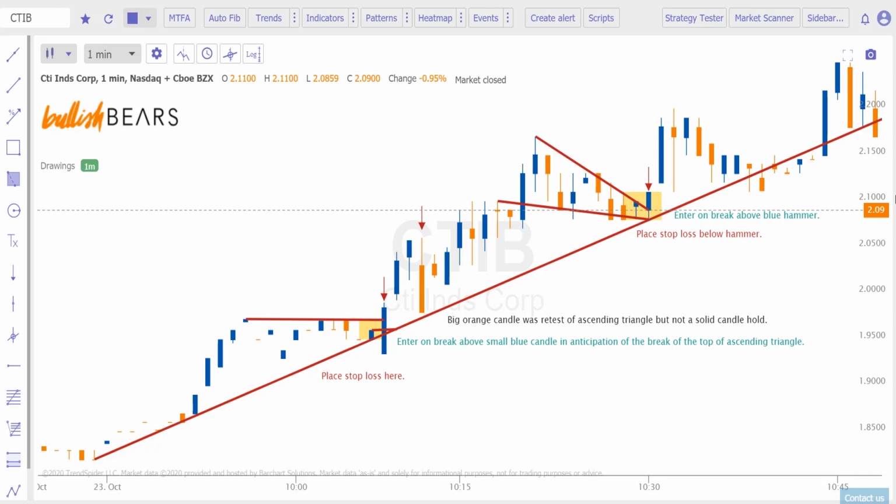So you want to keep your losses small. And remember, you want to have your gains outweigh your losses and have at least a 1 to 2 minimum risk reward ratio. So if you're risking 10 cents, you want to have the ability to make 20, ideally 30 or 40 cents. So here's an example again of an ascending triangle and a bull flag breakout.